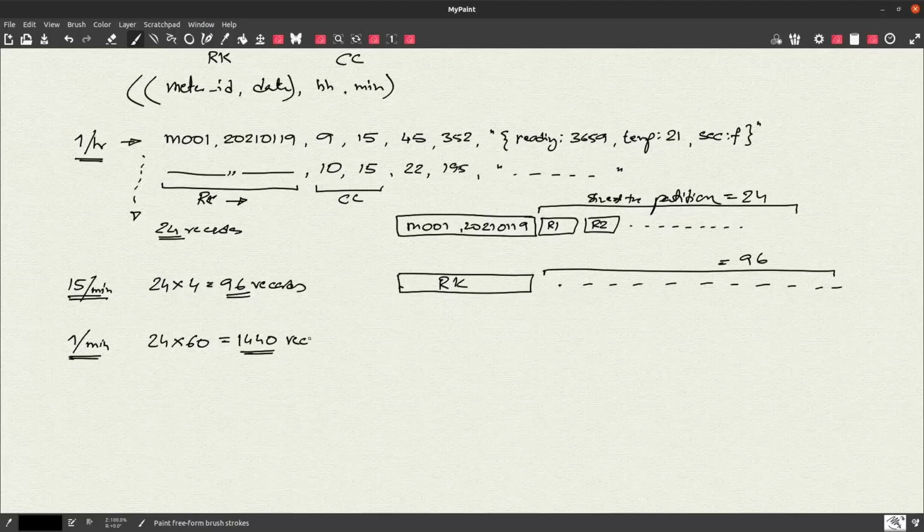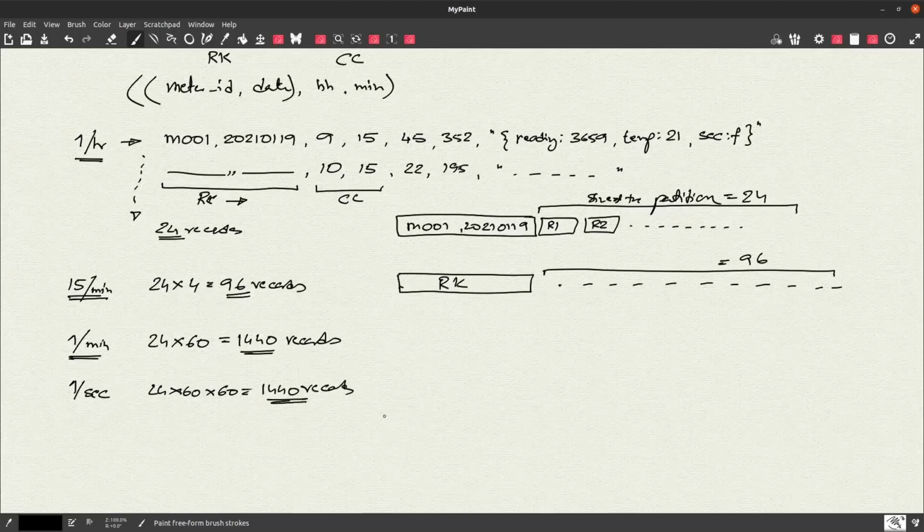These many records. Why don't I increase that even further? How about increasing this to once every second? So it's going to be 24 times 60 times 60 is equal to 1440 records.